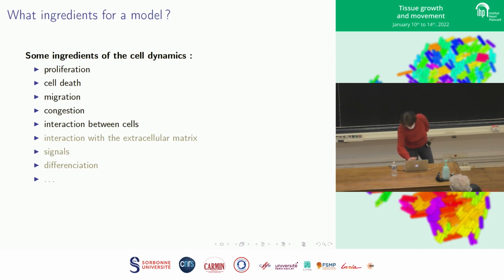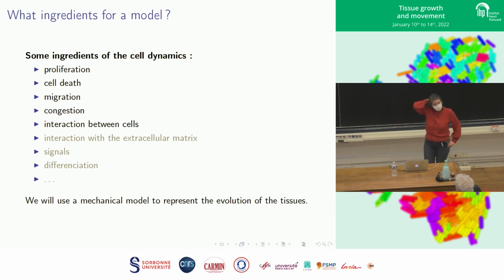This we don't really know, so we did not look at it, because we don't have enough data, and that was not the main point of this project. So, since we're looking at the tissues, we will do a mathematical model at the scale of the tissues. So let's say a macroscopic model, and more precisely a mechanical model that can take into account all these effects.